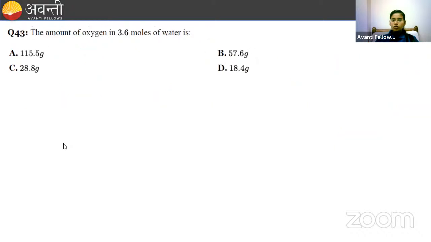Next, moving on to question number 43. The amount of oxygen in 3.6 moles of water is. So 1 mole of water has how many grams of oxygen? In 1 mole of oxygen, we have 16 gram, right?